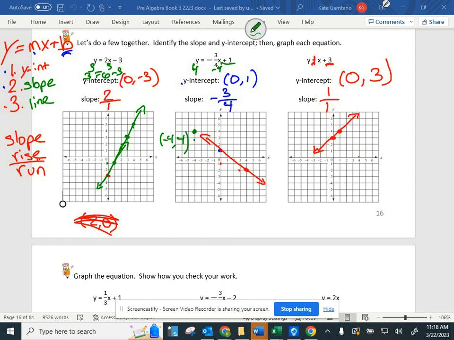Emily, what did you have? 5. So I could do 2 and go up to 5. Yep, 2, 5 is on that line because 1 over 1. So I could plug in 2, 5 into my equation. So if I put 2 in for my x and 5 in for my y, 2 plus 3 equals 5, 5 equals 5. So Evelyn, what were you confused by?